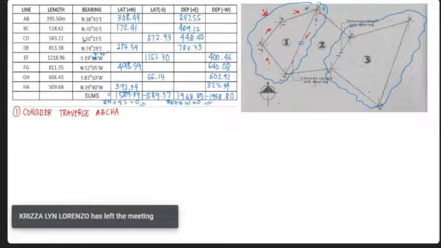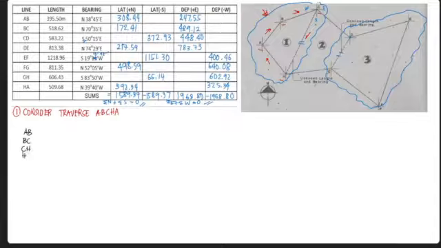So, therefore, we have AB, BC, CH, and HA. Okay? So, we will use its latitude, positive and negative, and also the departure, positive and negative also.